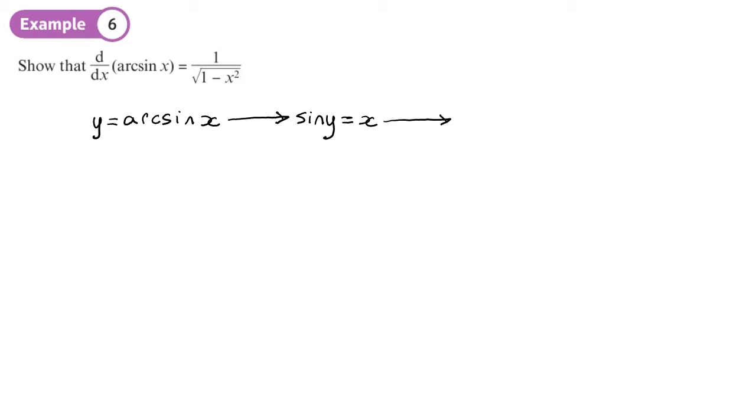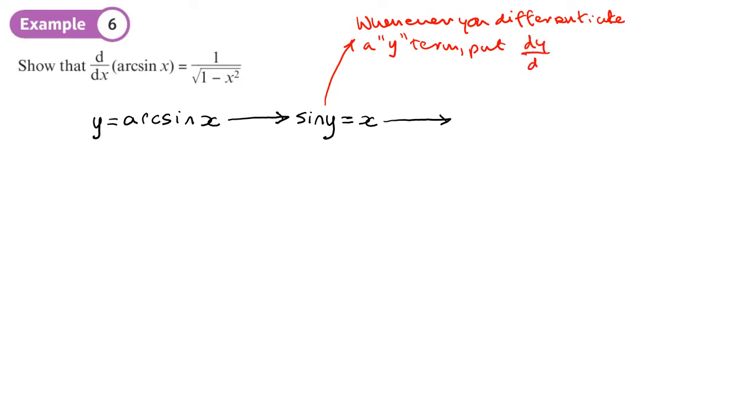Remember, with implicit differentiation, whenever you differentiate a y term, you put dy dx after it. And if it's a mixture of x and y, you use the product rule. I can put a link to the implicit differentiation video, but the rule is whenever you differentiate a y term, put dy dx after it.